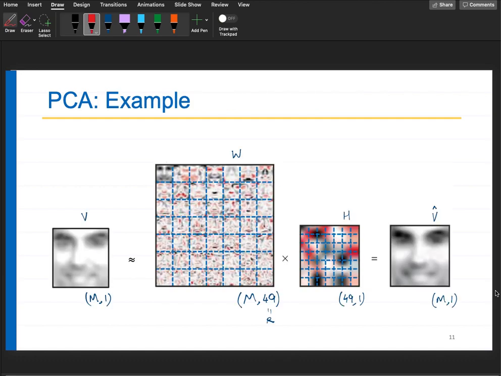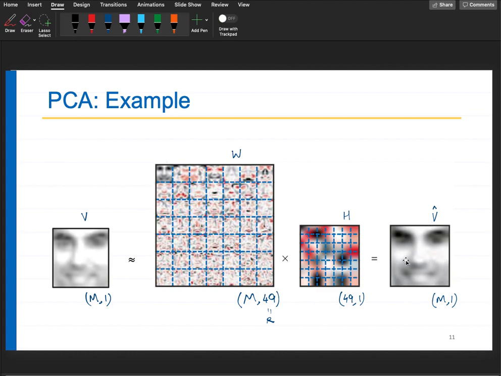So here is an example. Same example: this is your input image, and this is the dictionary which you have learned from, let's say, 1,000 different training images. And this is the activation which you get for this particular image. Red values are the negative values, so you can see positive and negative everything.